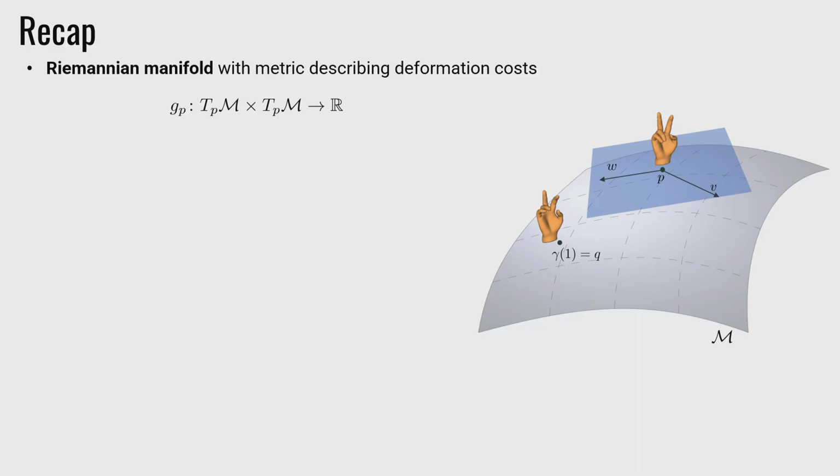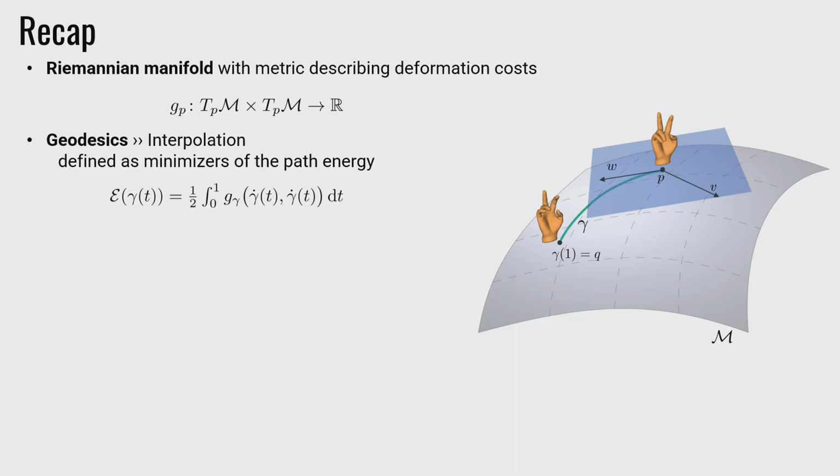So this was maybe many math terms, but just to recap the most fundamental things here. So we have a Riemannian manifold, which is the shape space, and every point corresponds to a shape. And we have a metric on this space, which describes the deformation costs. Then geodesics are a way to interpolate, and they are defined as minimizers of the path energy.